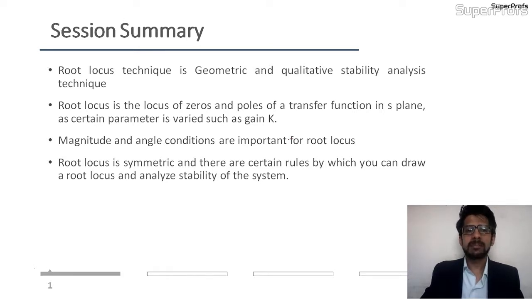And this is how magnitude and angle conditions are very important. Once the angle condition is satisfied, you can go forward and check the magnitude condition. But if the angle condition is not satisfied, there is no point in checking the magnitude condition. Also, root locus is symmetric and there are certain rules by which you can draw a root locus and analyze the stability of the system.